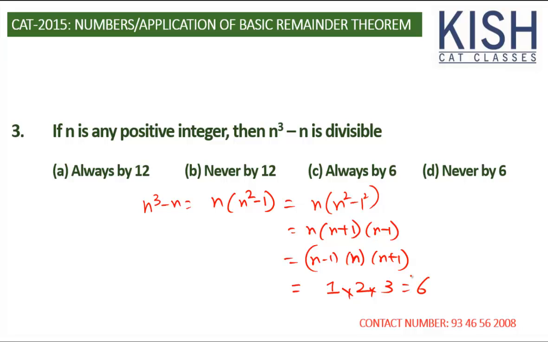If n can be any positive integer, that is the clue here. Any positive integer. This is a variable-based question. You have the flexibility of taking any number in place of n. Whenever you come across a question in the form of variables, do remember that you have the liberty of substituting any natural number, or any number based on the conditions given.